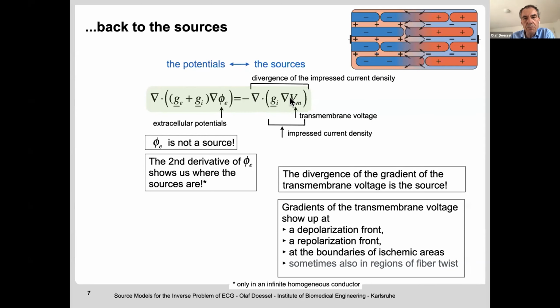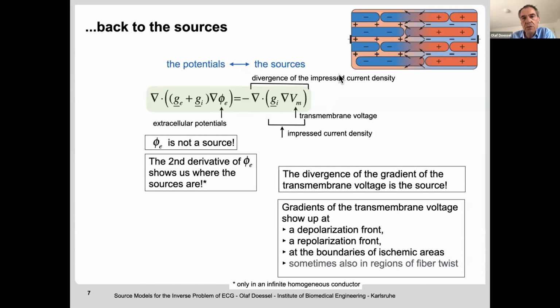Then we could multiply the gradient of the transmembrane voltages with the conductivity tensor, and we end up with a unit that is amps per square meter, and that is an impressed current density. This is a vector. The gradient multiplied with the tensor is a vector field. And here is the divergence operator. It makes out of all this, again, a scalar property.